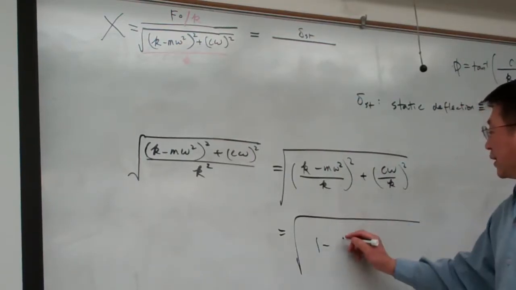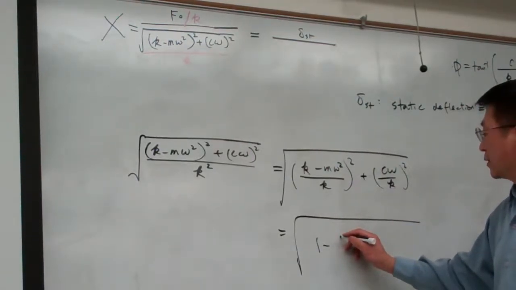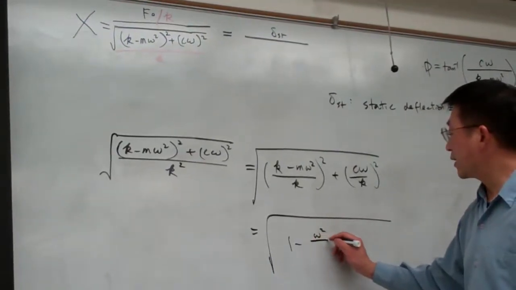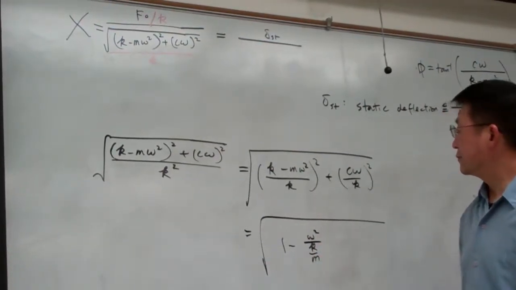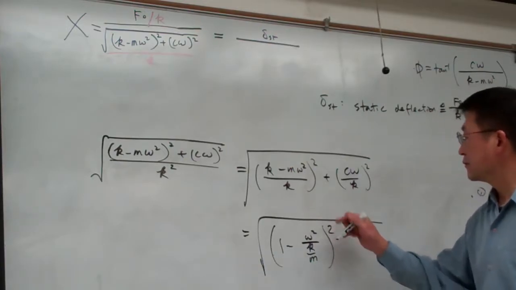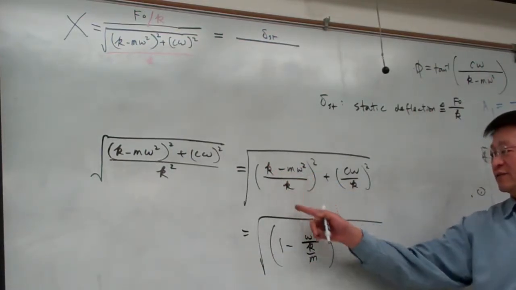This first term equals 1 minus omega squared times m over k, okay? The first term, k divided by k, becomes 1.